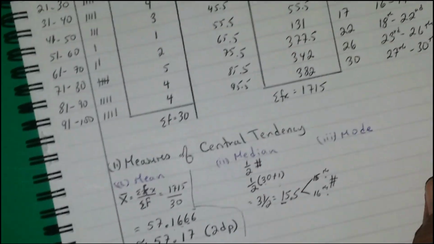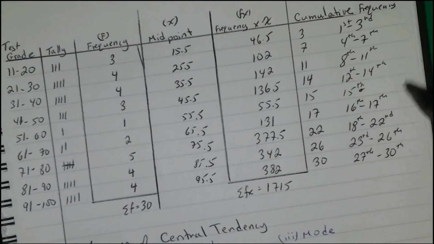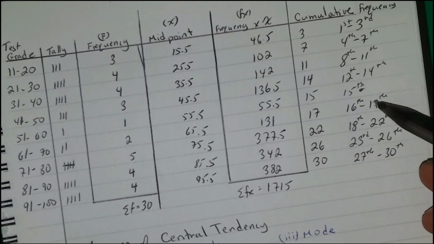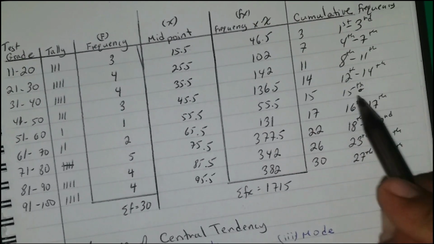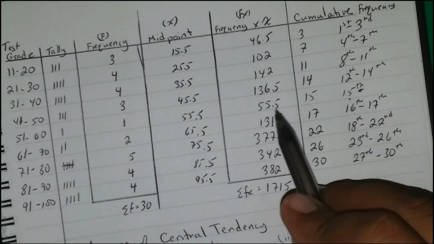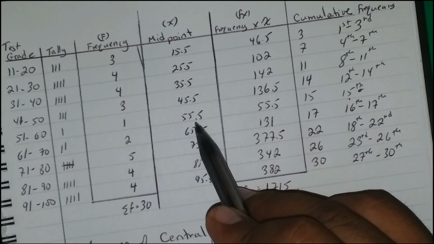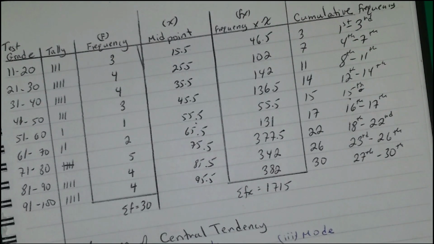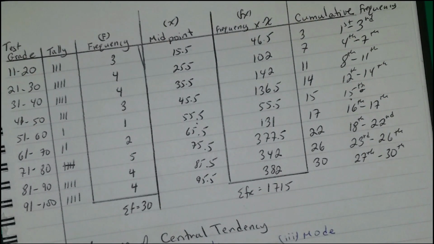So whenever you have that, then you just go back to the data that you have here. Notice that the 15th number will correspond to the midpoint 55.5, right? Tells us we want the 15th number and the 16th number.